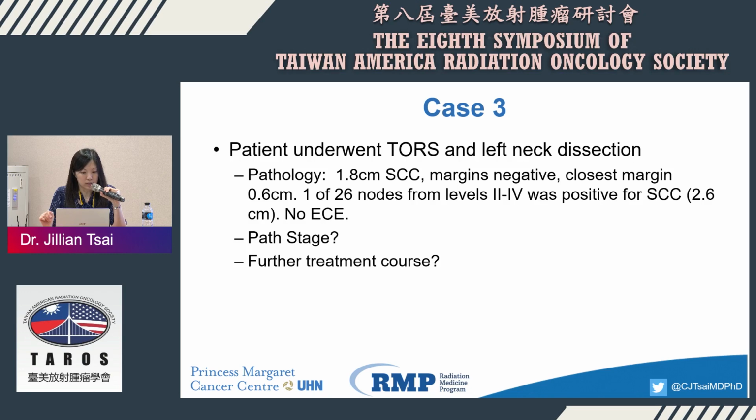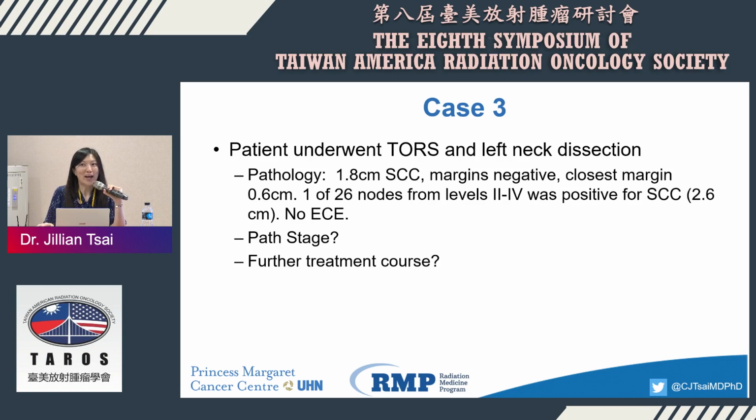So in this case, I would say in most institutions, they would offer observation as one of the options, or ipsilateral radiation to either the neck or to the primary plus the neck.